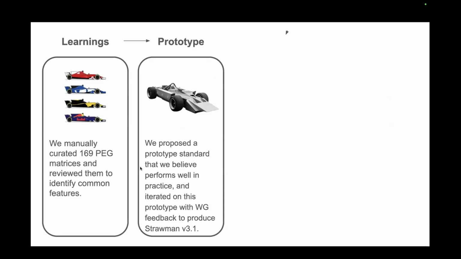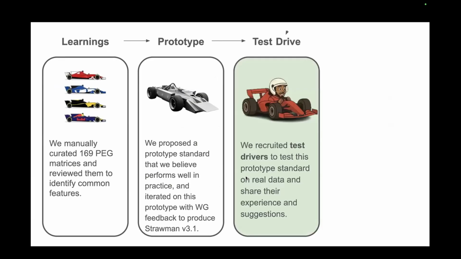As you know, initially we manually curated 169 PEG matrices and reviewed them to identify their common features and proposed a prototype standard that we thought would perform well in practice. You all, over the last couple months, have helped us iterate on this initial prototype to produce our most recent version, which is version 3.1 of this strawman standard, as we're calling it.